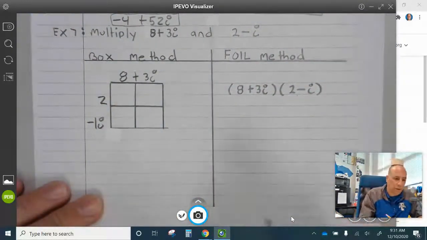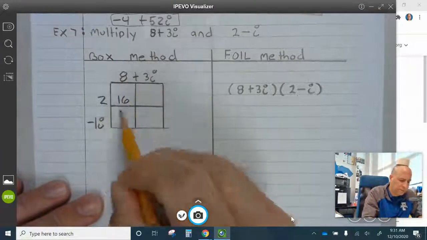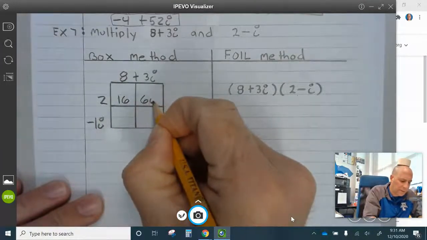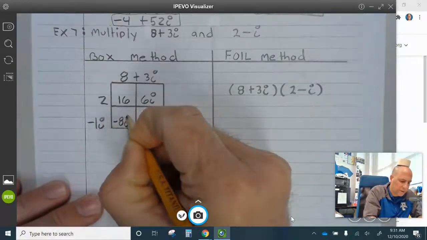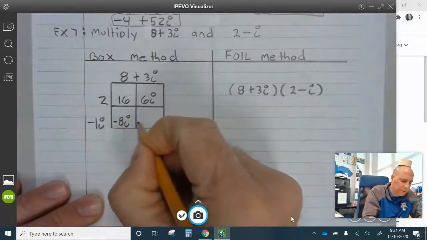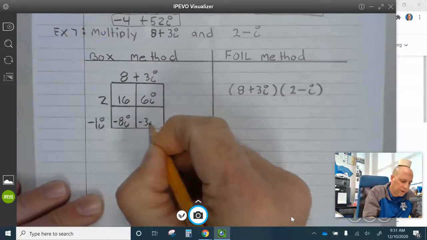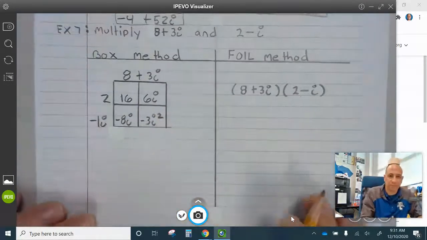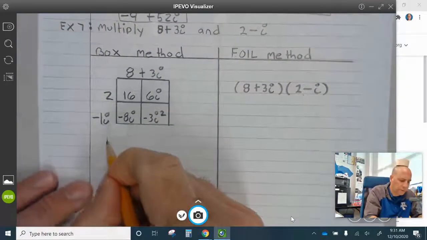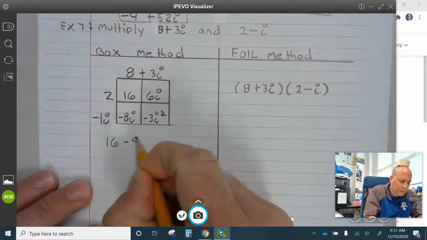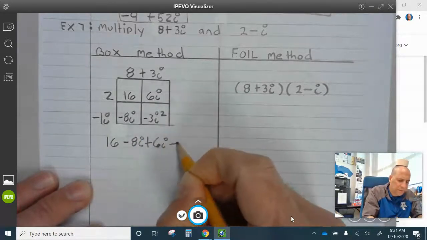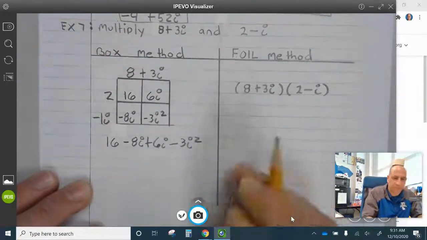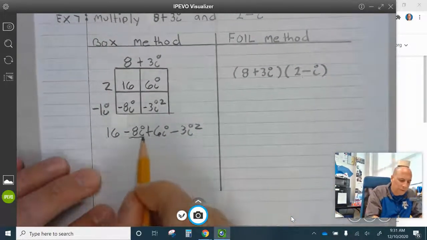Okay, now 8 times 2 is 16. 2 times 3i is 6i. Negative 1i times 8 is negative 8i. Negative 1i times 3i is negative 3i squared. Okay, so now we have 16 minus 8i plus 6i minus 3i squared. Well, we can group these together.